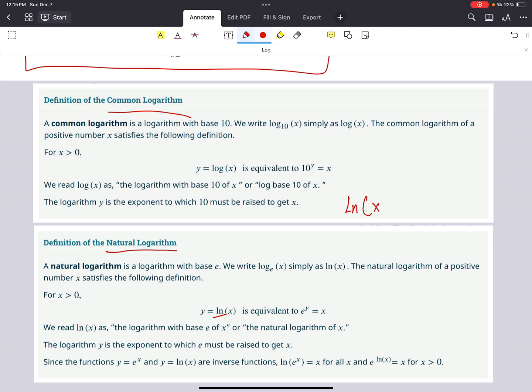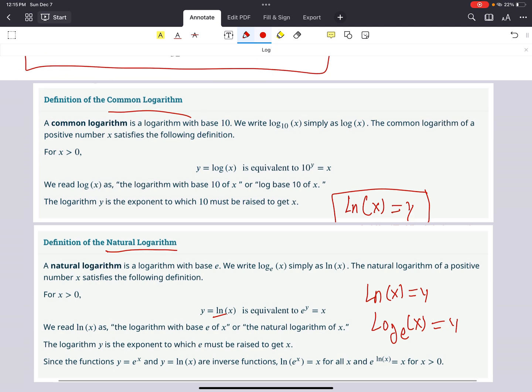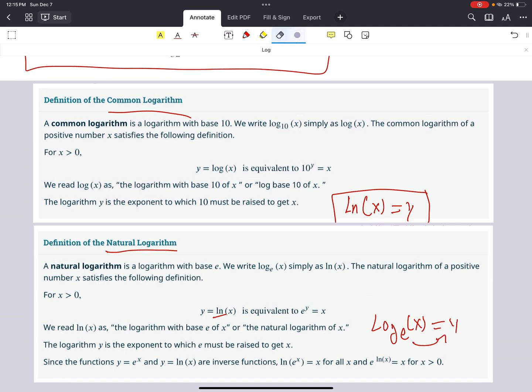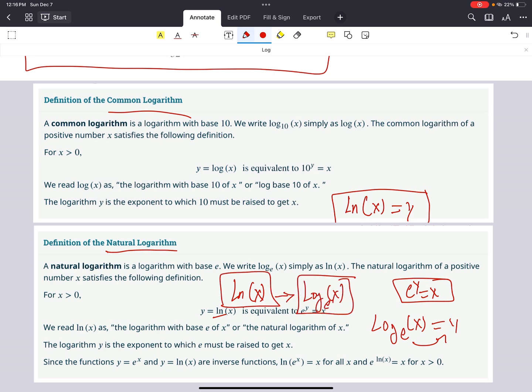And we still have an input of x, let's say equals y. So if you see ln x equals y, that means this was log base e of x equals y, which means e to the power of y equals x. So ln of x is simply log of x with a base of e, and that's it.